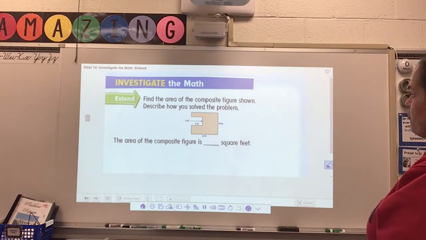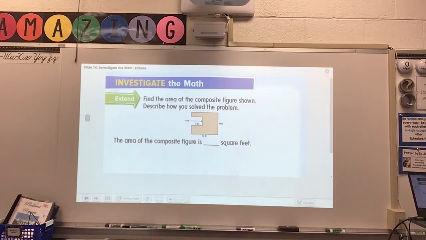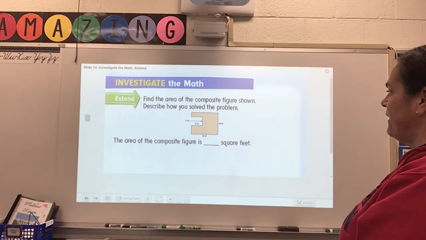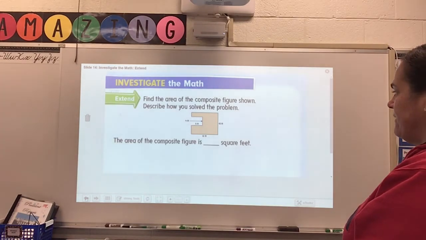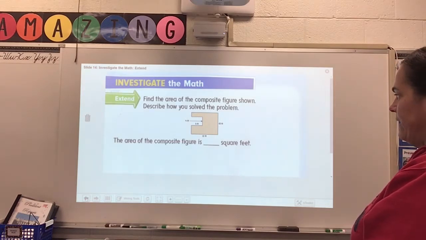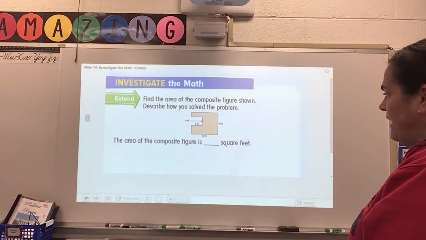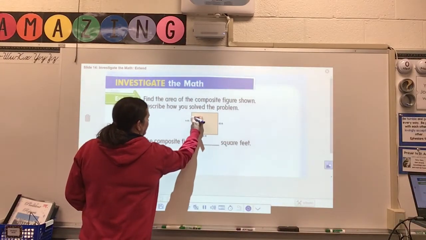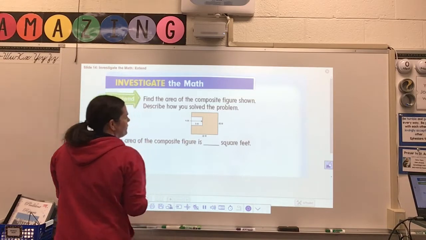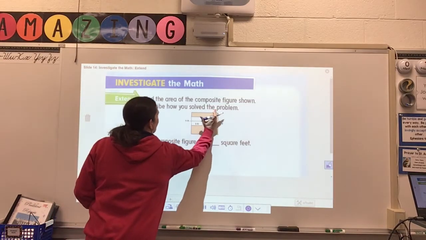This one's a little bit trickier because I don't really have all of the lengths that I truly need in order to solve this. So I'm going to look at this a little bit differently. Let's just pretend that that's one big rectangle.